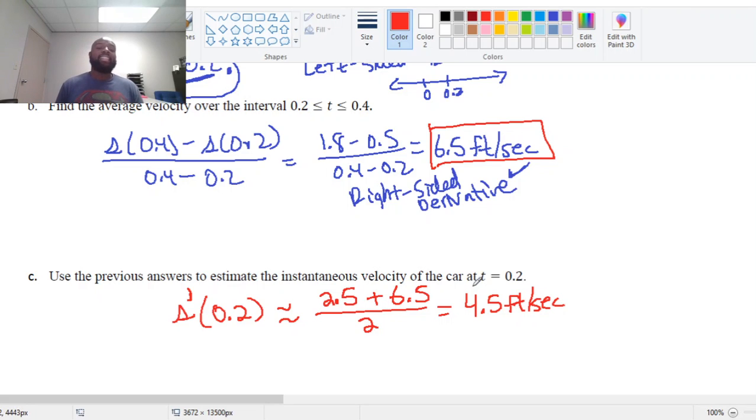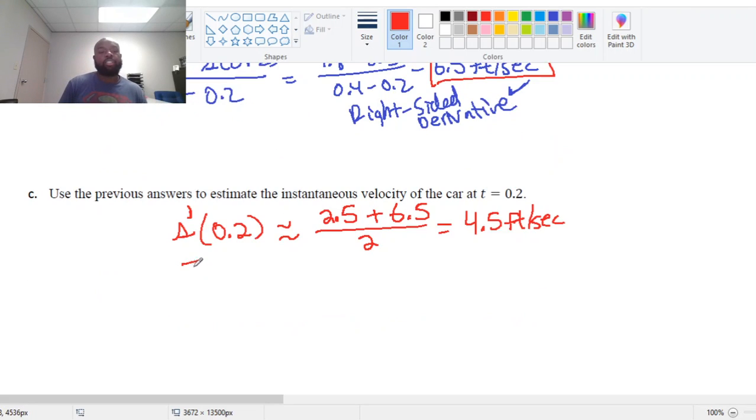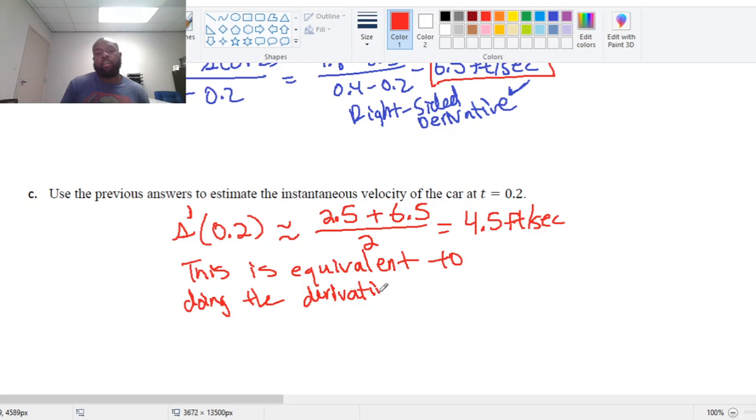This is equivalent, and I'll let you check this on your own, to doing the derivative from both sides. That's always going to be the case.